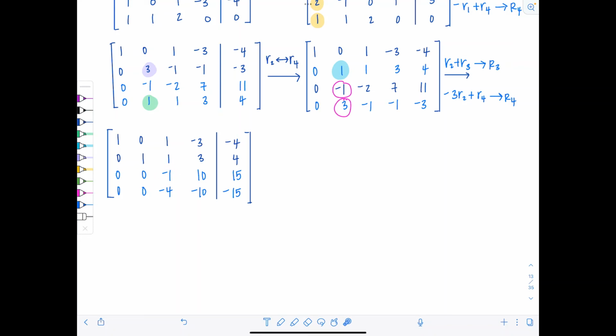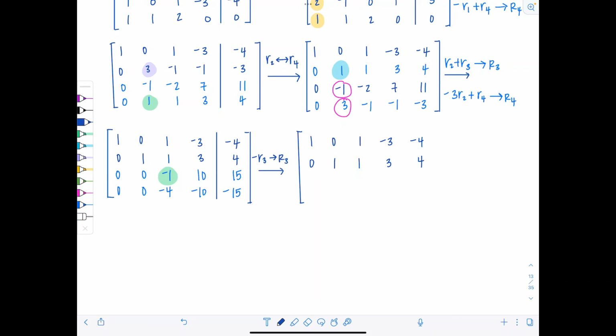Okay, that's not bad. We just need to make a negative 1 a positive 1. Do that, no big deal. Just multiply row 3 by a negative, and that's your new row 3. Okay, very manageable. So we've got 1, 0, 1, negative 3, negative 4, 0, 1, 1, 3, 4.